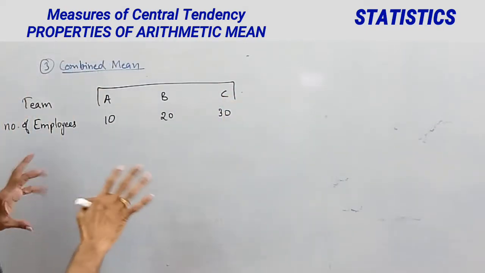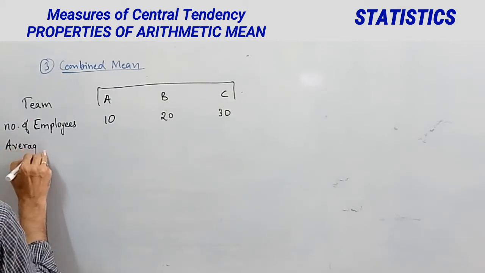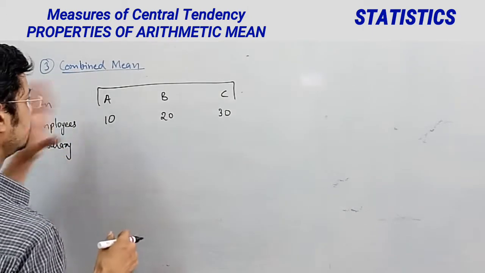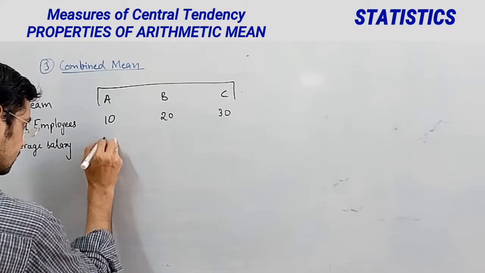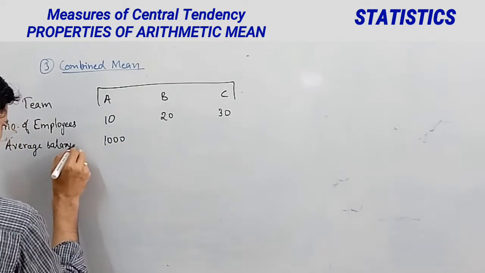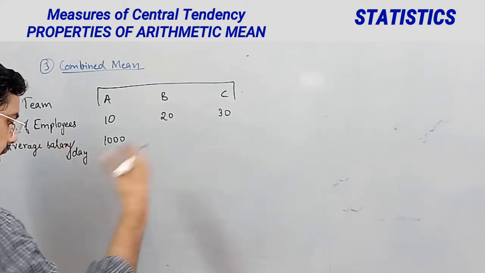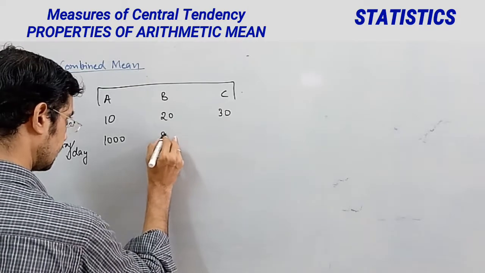Now suppose the average salary of this group is, say, 1000 rupees per day. Okay, salary per day is 1000 rupees, and in this group there are 20 people and the average salary is 800 rupees.